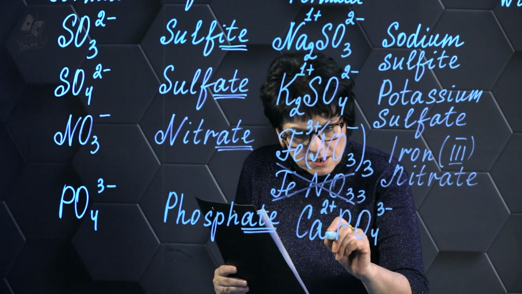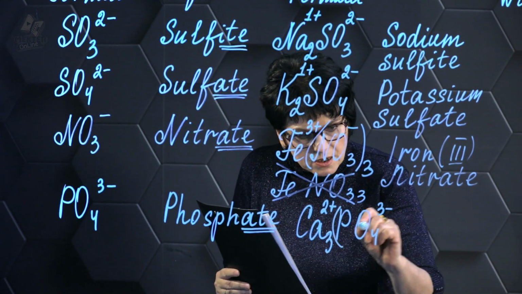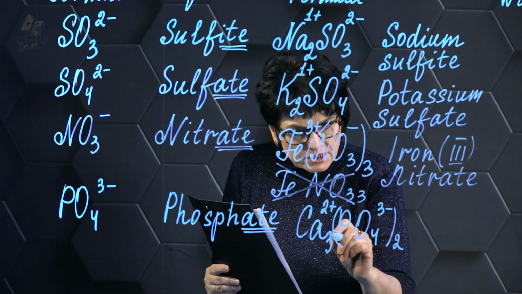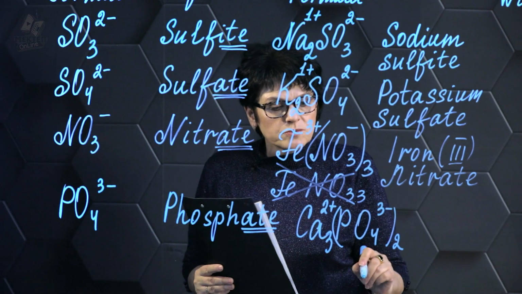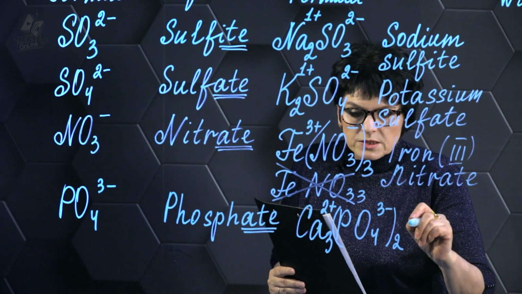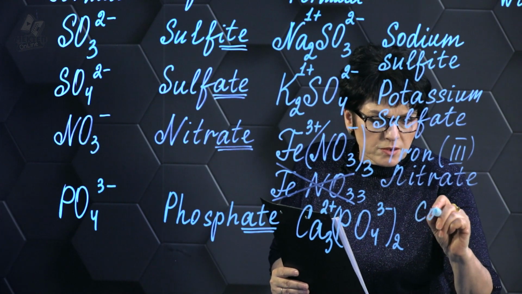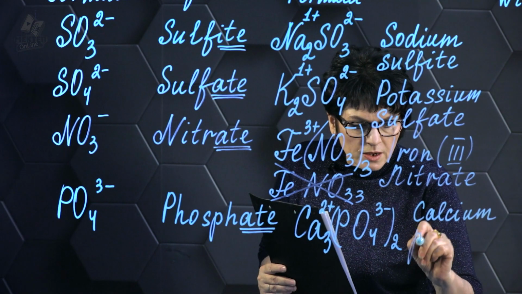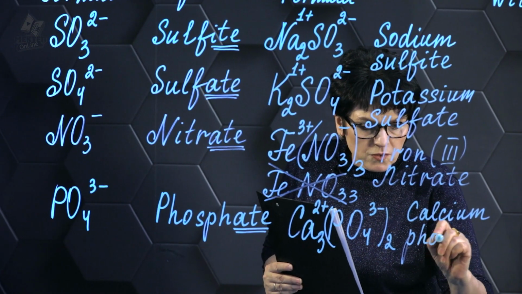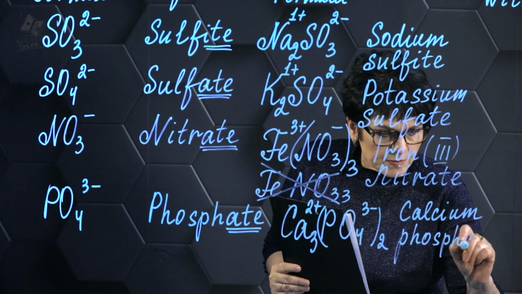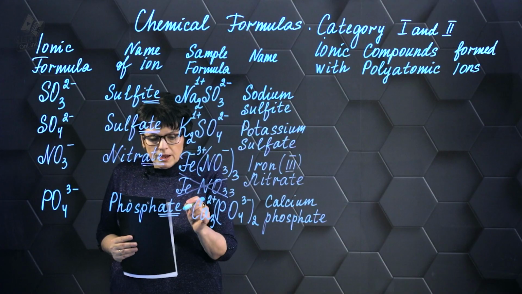Subsequently, in accordance with the rule of the cross, there is calcium 3 and PO4 twice. Here it is, the rule of the cross. Once again, we can't just put an index on oxygen like that. Hence, the name of this substance will be calcium phosphate, as per the nomenclature conventions in chemistry.